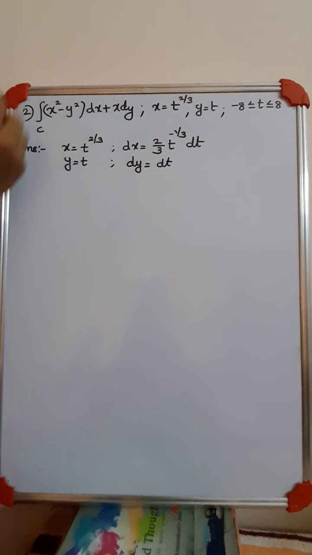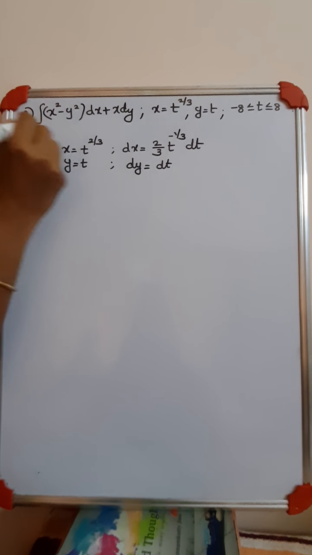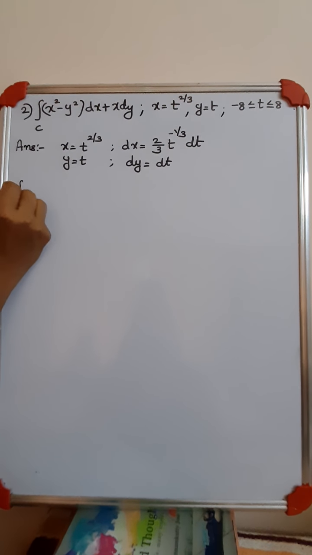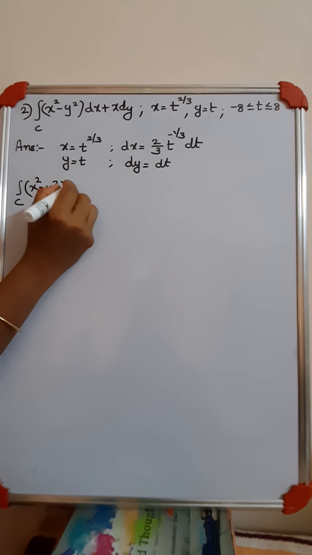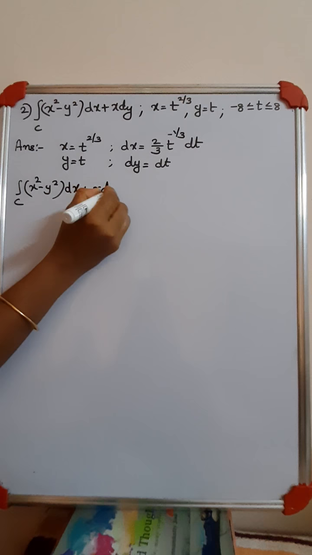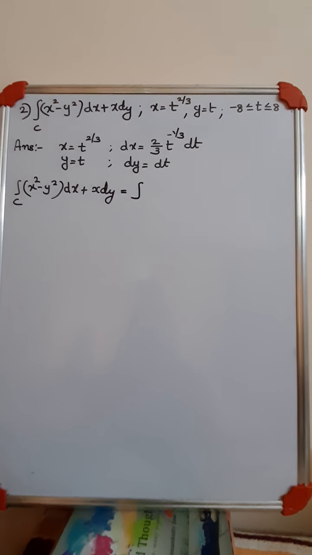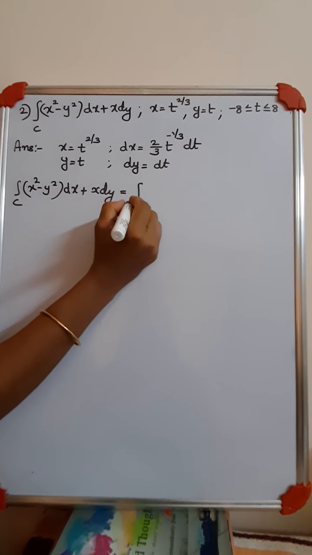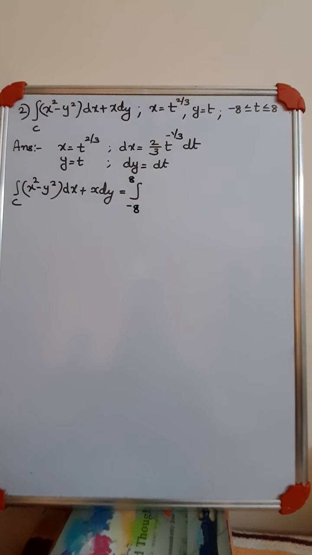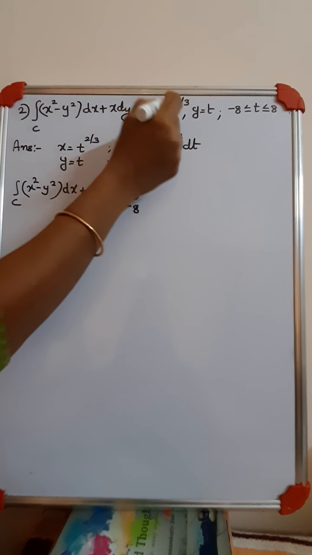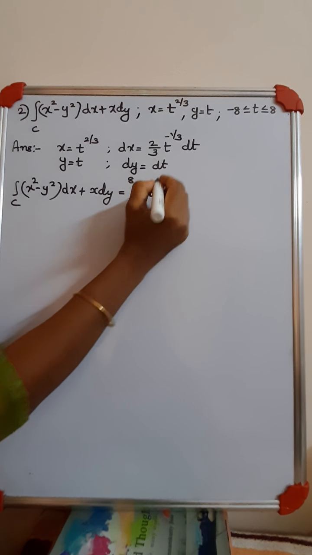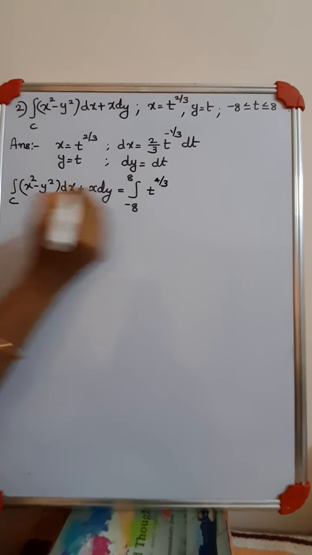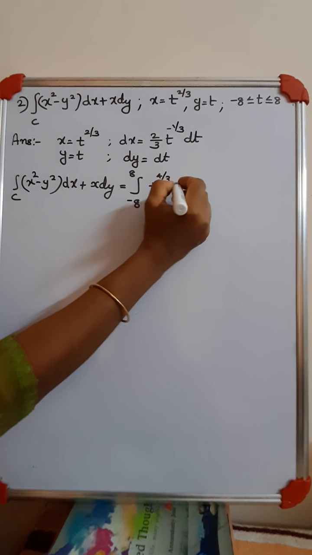Now we can substitute the given values in the corresponding places. Integral over C, x square minus y square dx plus x dy is equal to integral over the limit of t, which is given as minus 8 to plus 8. X square is t raised to 2 by 3 the whole square, that is t raised to 4 by 3, minus y square, which is t square.